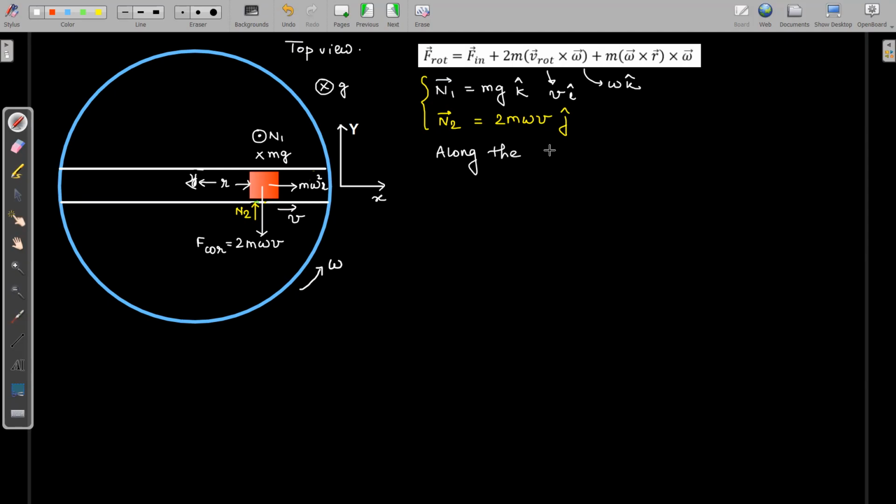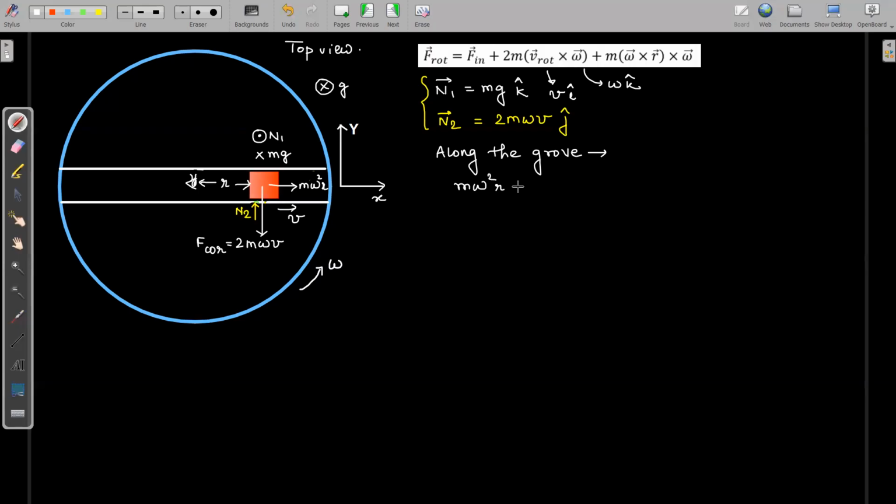So let us start by writing Newton's law along the groove. What are the equations along the groove? Along the groove, there is a force, the centrifugal force m omega square r, and this force is responsible for providing an acceleration along the groove. So the velocity of the block along the groove will be changing with time, right? The force along the groove is m omega square r.